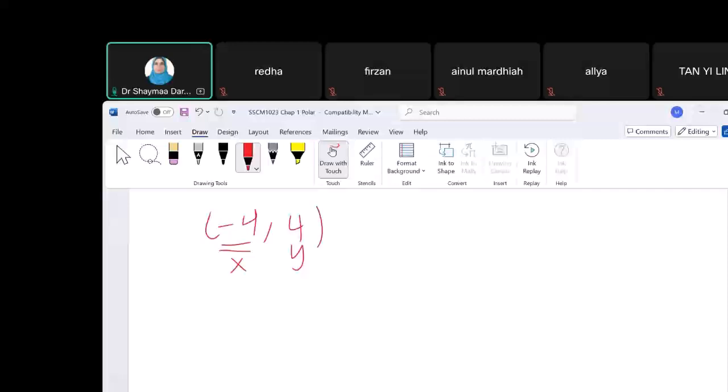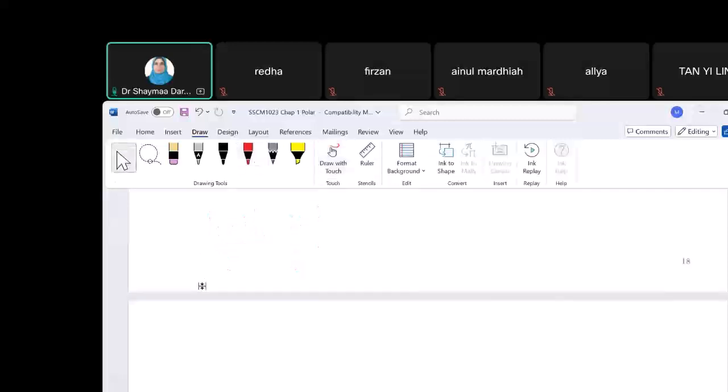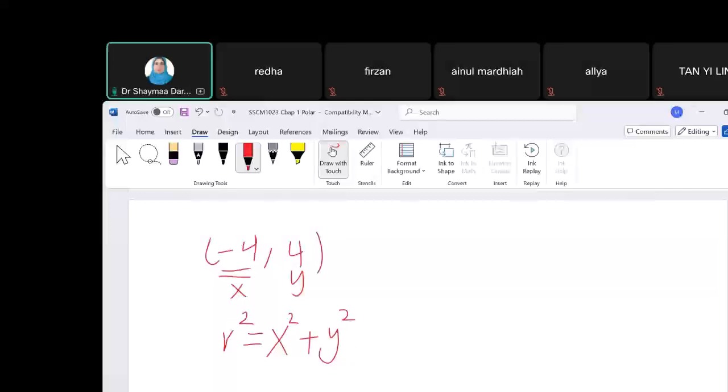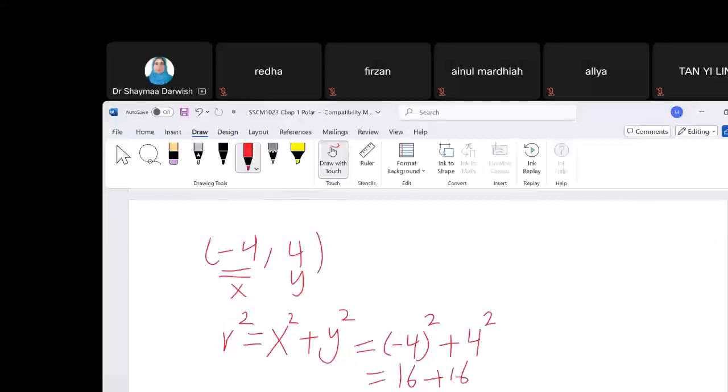We need to find r first, by finding r squared equal to x squared plus y squared. So minus 4 squared plus 4 squared, which means 16 plus 16 gives you 32. So r is the square root of 32.